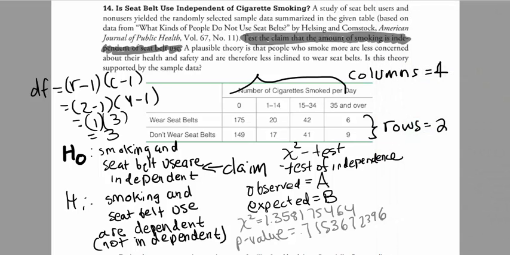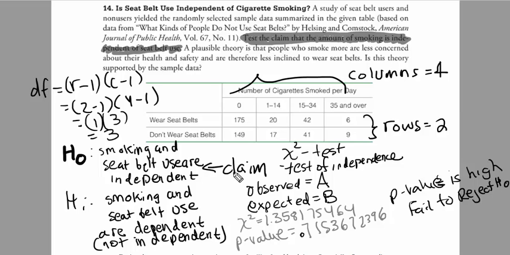All right, so now this is actually a high p-value because it's higher than 0.05, so the p-value is high, which means that we fail to reject H0.